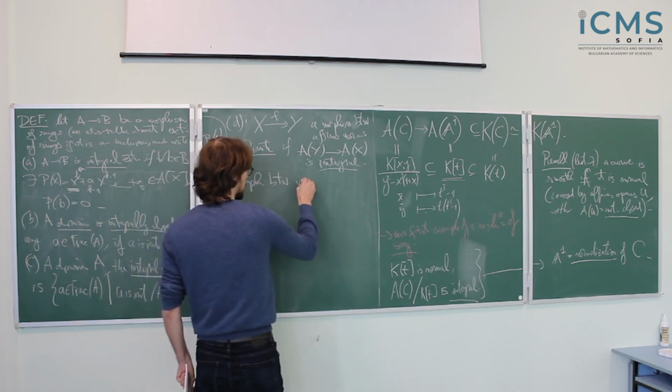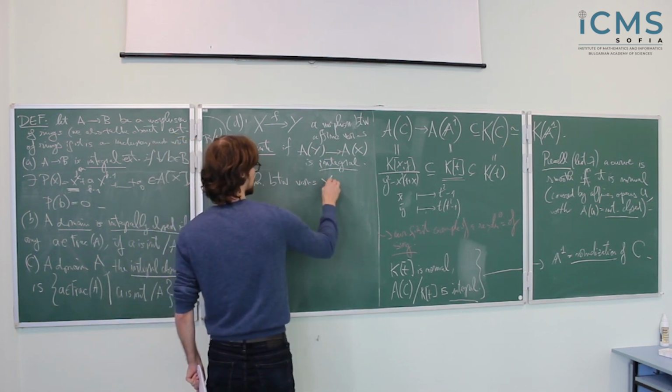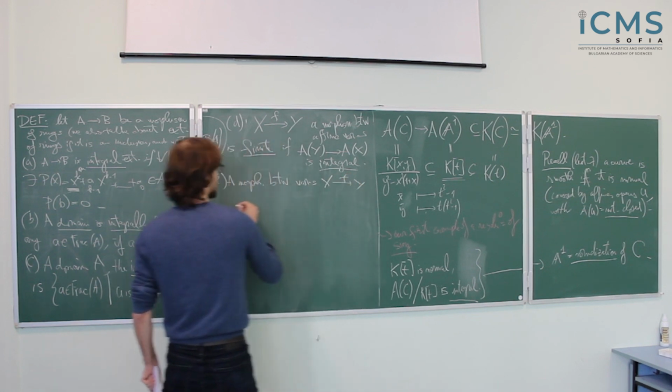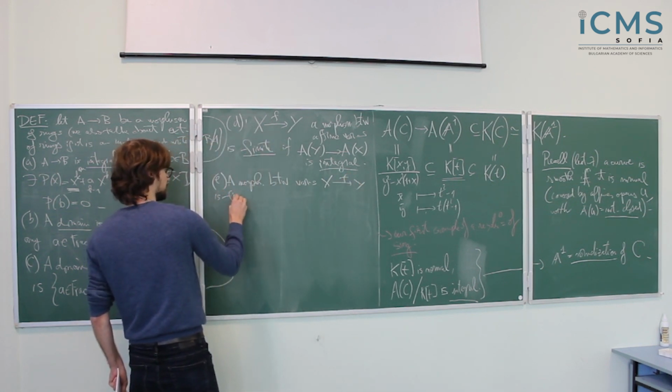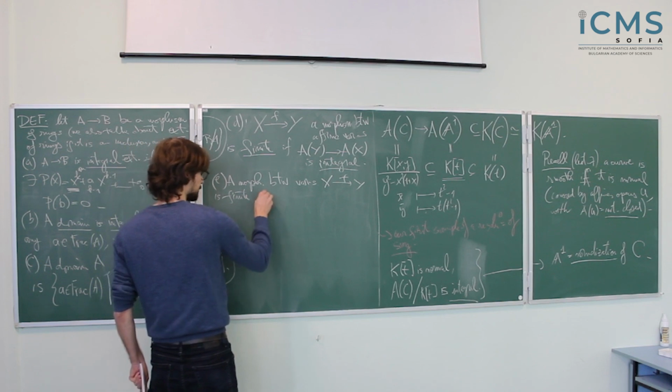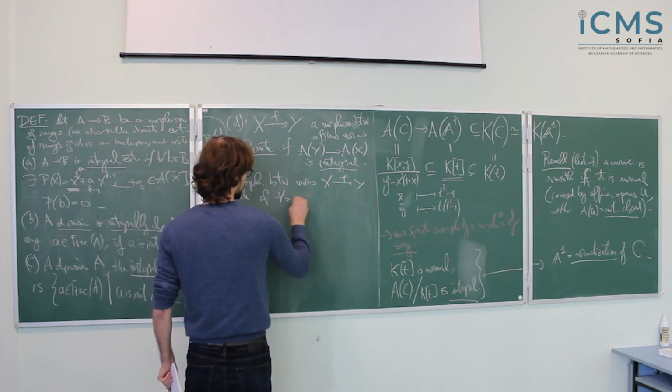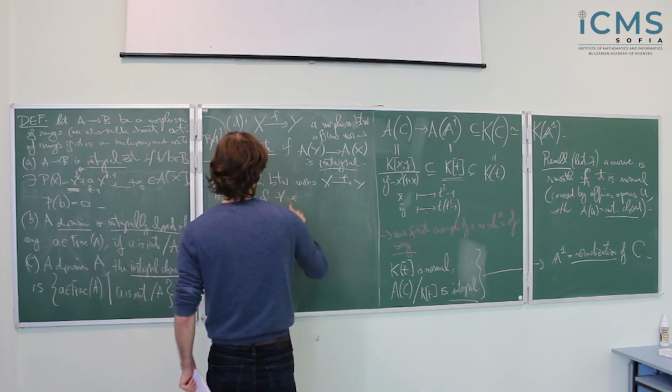And the global definition: a morphism between arbitrary varieties is finite if it is covered by affines.